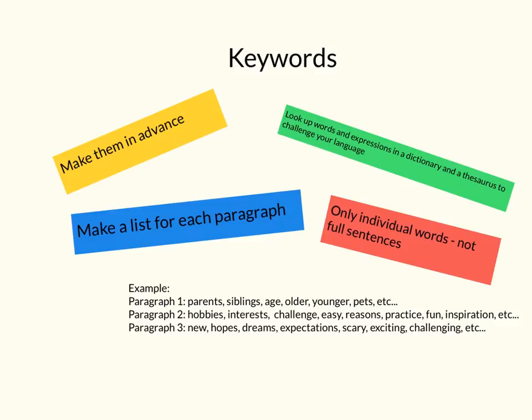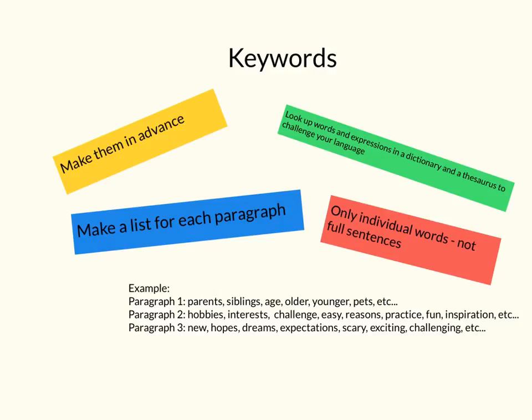Here is a general list of keywords or topics that you should prepare. So these are examples. You should make a list for each paragraph. In my example, as you can see here, I've made keywords for paragraph 1, 2, and 3.